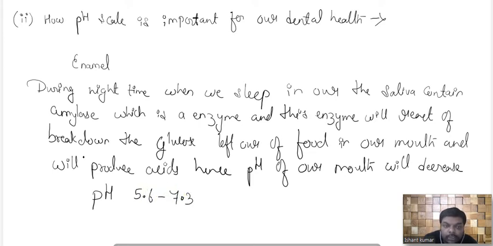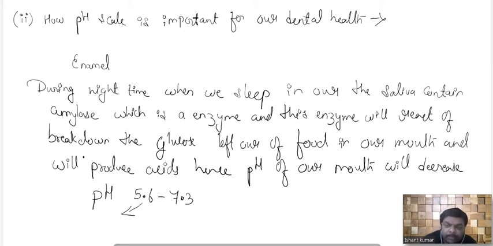It means that the acidity of our mouth must not fall below the pH value of 5.6, and the basicity must not be above the value of 7.3. So for a healthy mouth, this is the range. But during night time, if any leftover food is present in our mouth, the pH will fall below 5.6, and the mouth will gain more acidity.